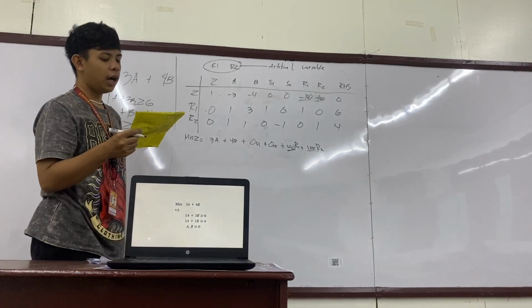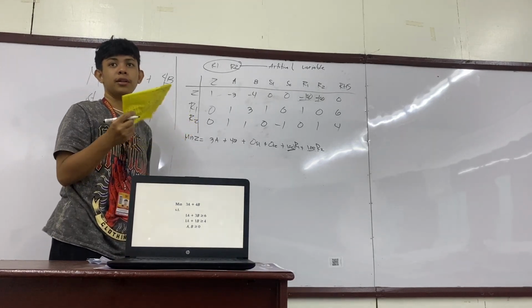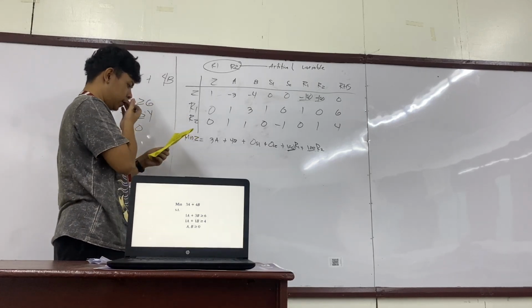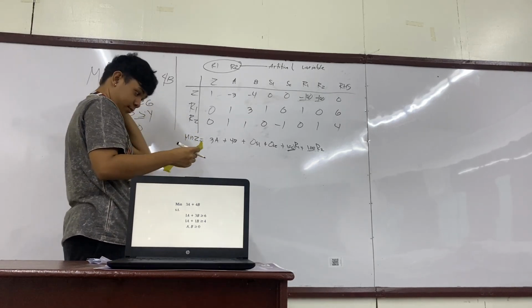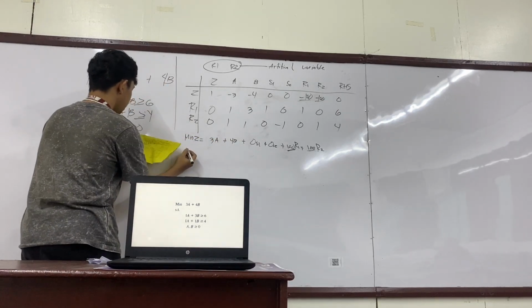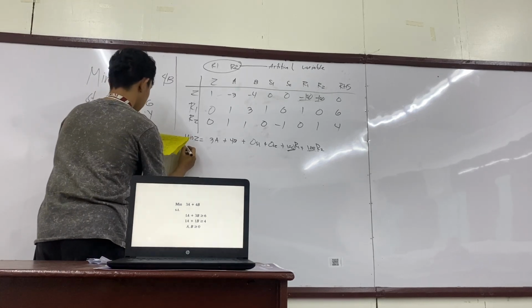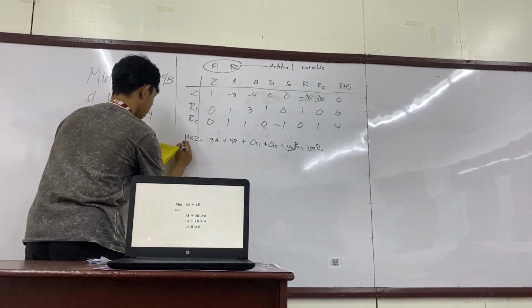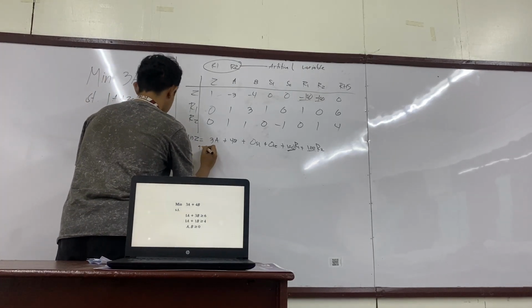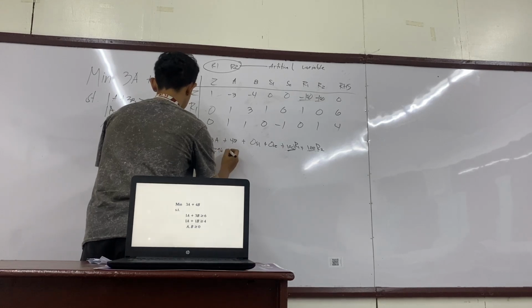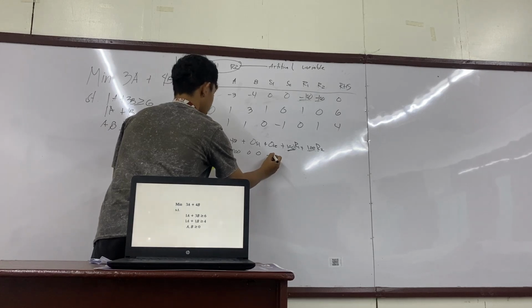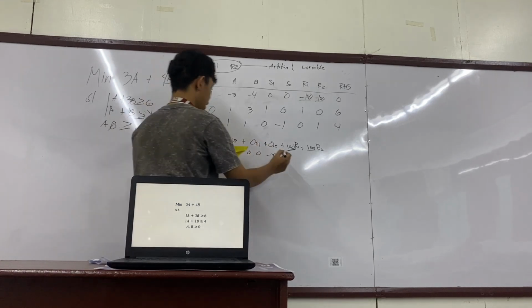Then we add, so we use it. So we write the Z equals 197, 296, negative 100, 0, 0, negative 100, then 600.